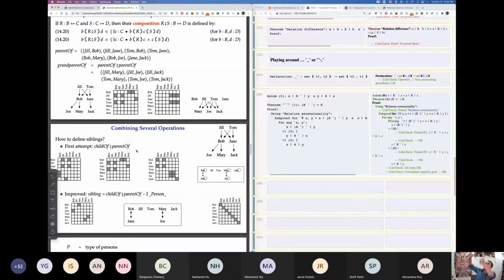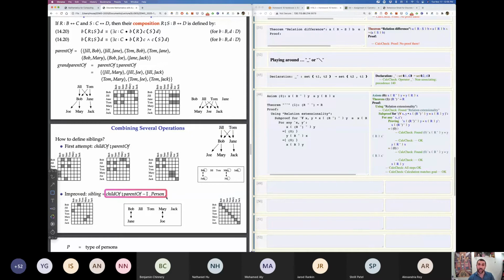So you and I have the same parent, so we're siblings. But what if you and I are actually the same person? Then that doesn't make sense for us to be siblings. So we're going to say we have a common parent, but we're different people.